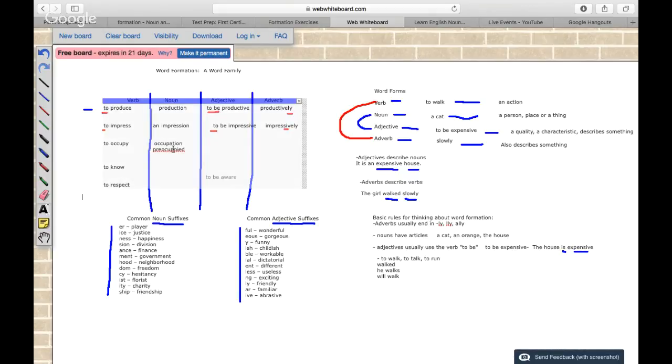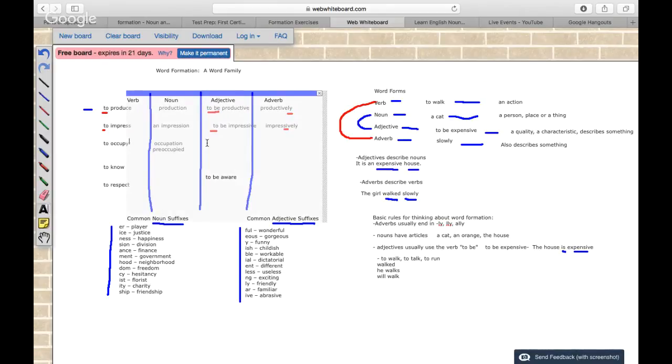And that looks wrong too. That's it? Yeah. Okay. So occupation means a job. Preoccupied means to be worried. So they have very different meanings, but they come from the same root word, which is occupy.